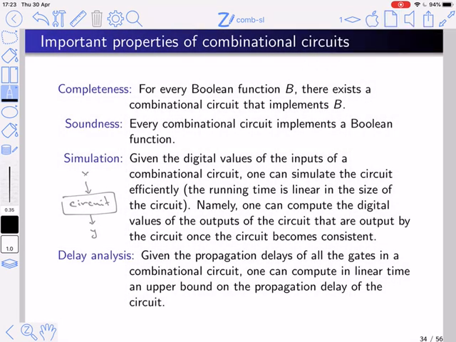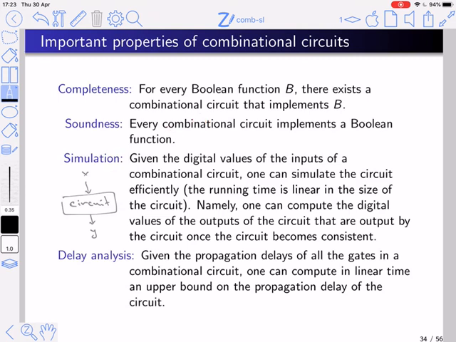Now, given this definition of combinational circuits, we want to focus on 4 important properties of combinational circuits: completeness, soundness, simulation, and delay analysis. Completeness means that for every Boolean function, there exists a combinational circuit that implements the function. Soundness means that every combinational circuit implements a Boolean function.